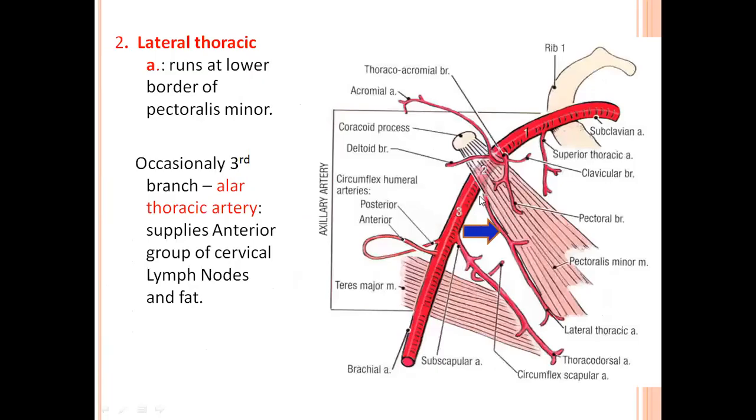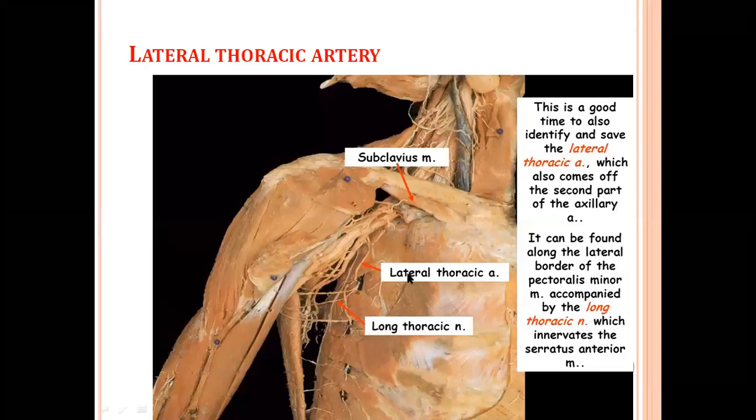Then the second branch coming from the second part of the axillary artery is the lateral thoracic artery, which runs at the lower border of the pectoralis minor muscle. Occasionally, sometimes not always, we may have a third branch also, that is the alar thoracic artery, which supplies the anterior group of cervical lymph nodes. So that is about the lateral thoracic artery.